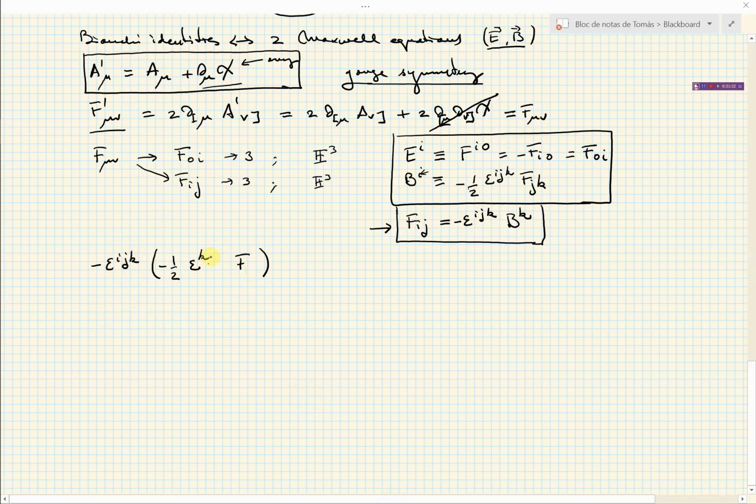Okay, so Lm and Lm. This gives me 1/2 because these two signs cancel, and then let me write epsilon kij epsilon klm.